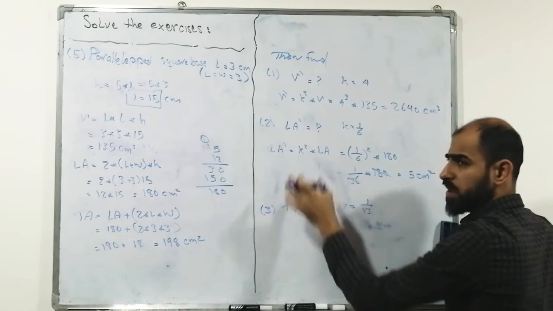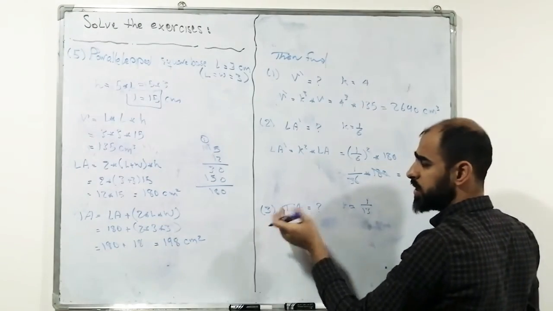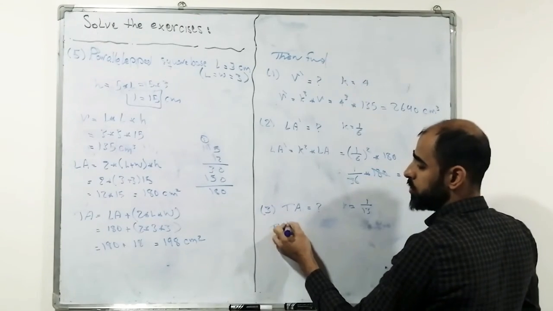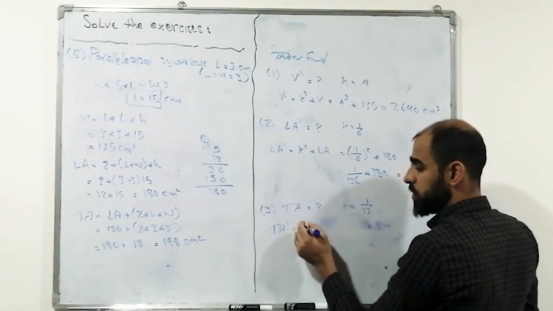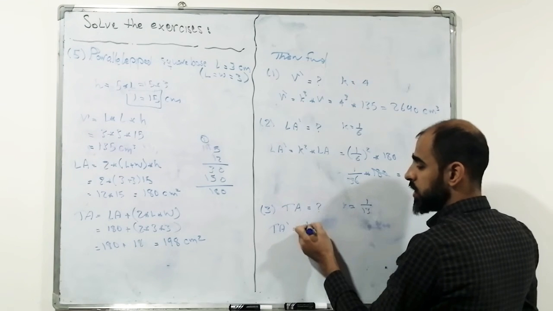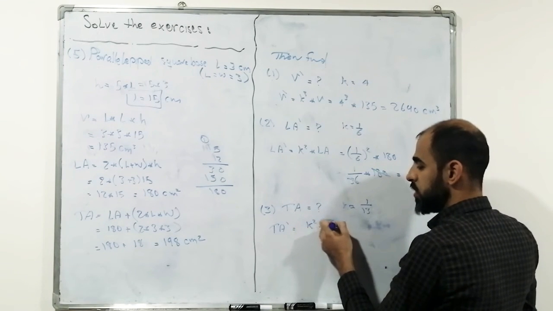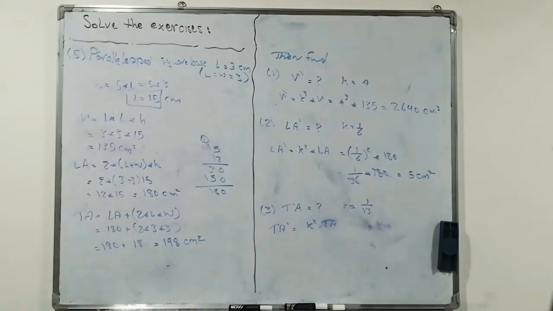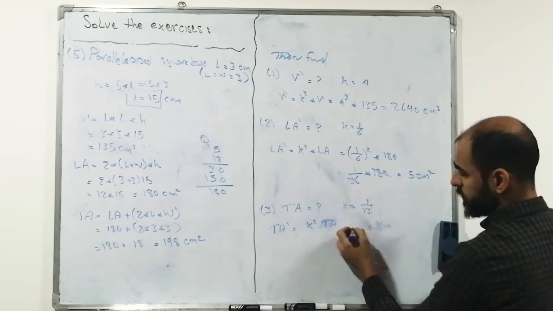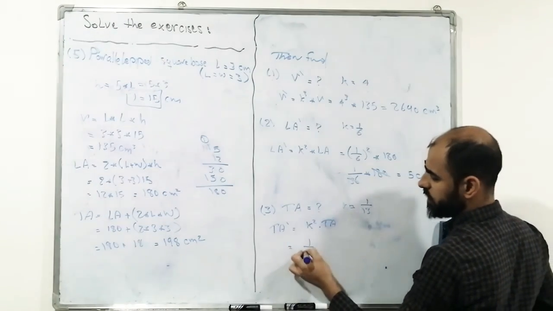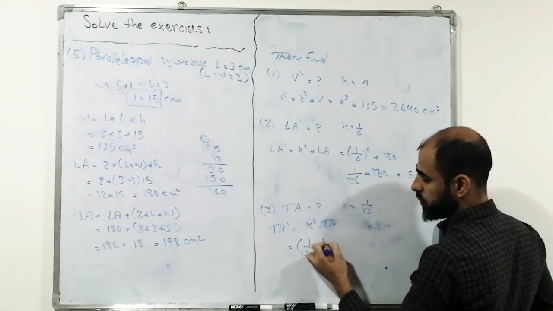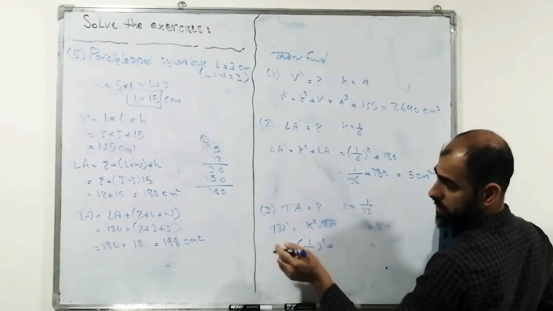By the same law as the lateral area, the area of the shape after dilation is k to the power 2 multiplying by the area of the original shape. Here the dilation coefficient is (1/13) to the power 2 multiplying by the total area, which is 198.